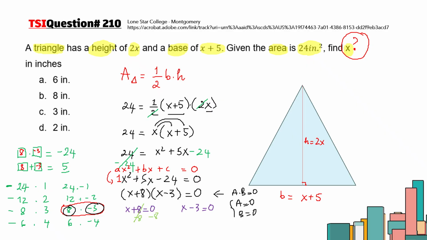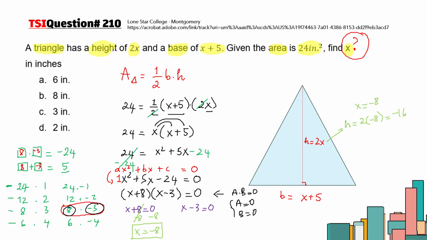So we have x equals negative 8. And one more time, when you do measurements, when x represents a length, it cannot be negative. We can check: if x equals negative 8, the height will be 2 times negative 8, that is negative 16.